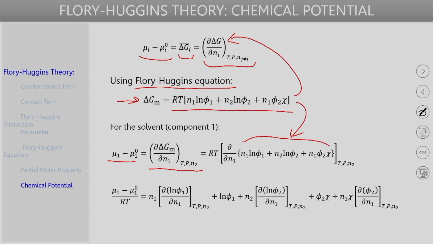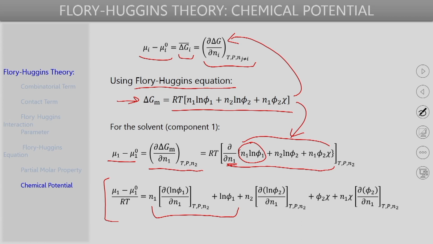So, next, mu 1 minus mu 1 naught by RT, this quantity here: if we expand this partial derivative into multiple terms, then first, taking the partial derivative of the term n1 ln phi 1 with respect to n1, using the product rule we will get these two terms.